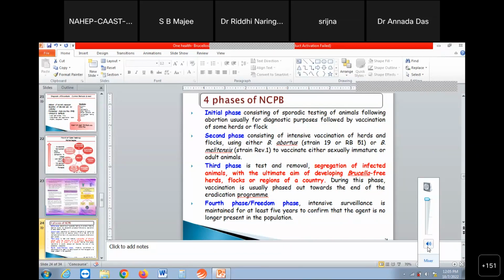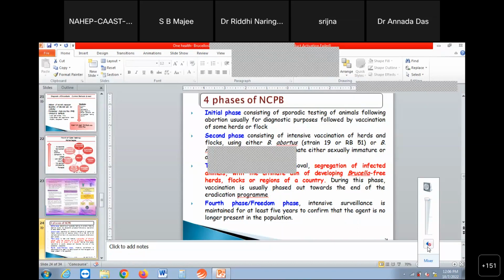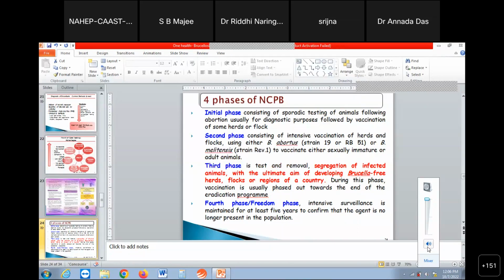So collection of these samples becomes very easy from the herd. One need not go around collecting blood, because that involves a lot of labor and intensive procedures. So in the initial phase, if a lateral flow can be used, this will bring down the cost of the eradication program and also make it very easy for the veterinarian at the field level to carry out the test.